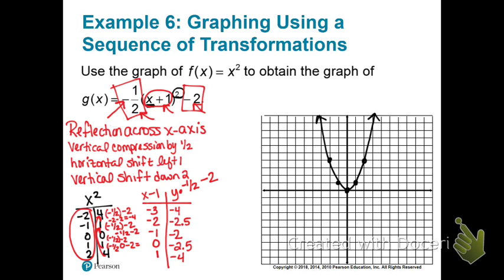And then I'm going to graph my transformed function.